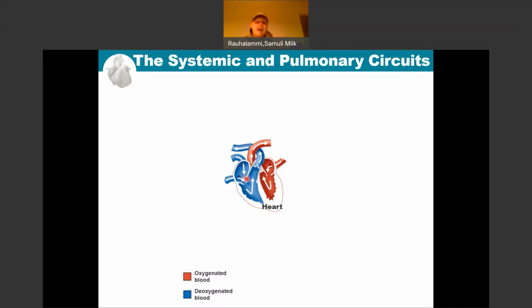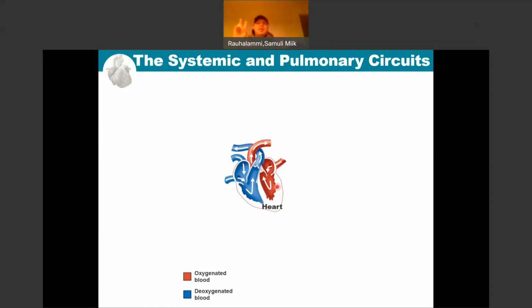And what you'll notice is that the right side of the heart deals with deoxygenated blood. We discussed that in our last chapter where we looked at the blood. So this blood is low in oxygen concentration. Whereas the left side of the heart deals with blood that is rich in oxygen, a high concentration of oxygen. And both of these pump in a similar manner at a similar rhythm.